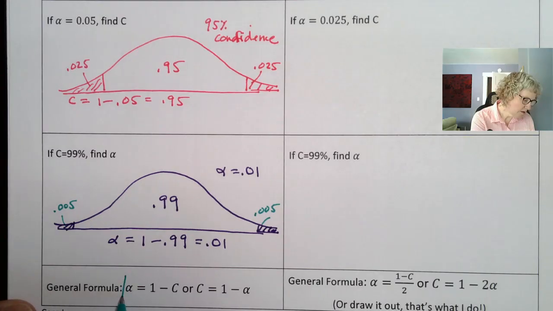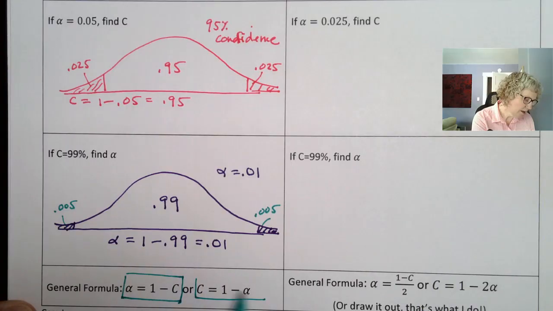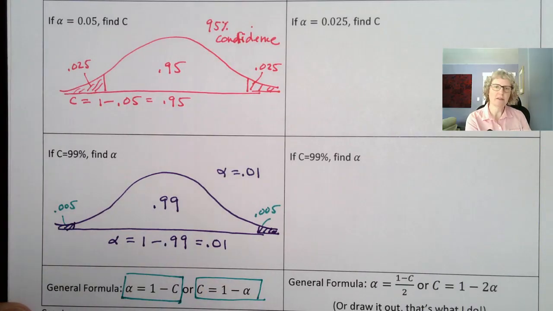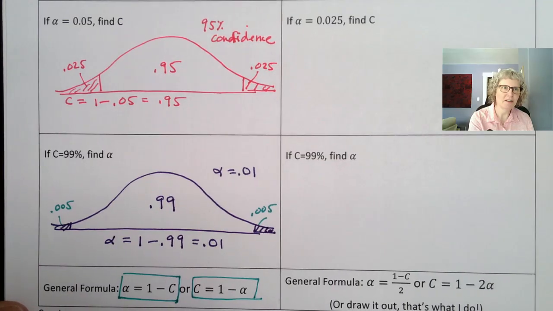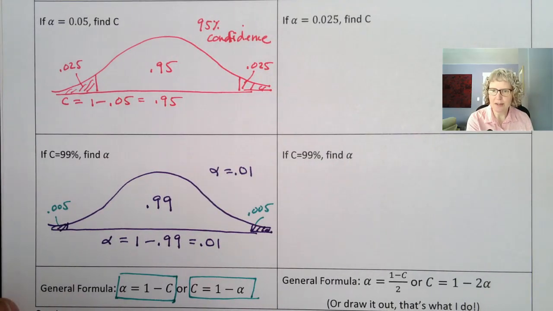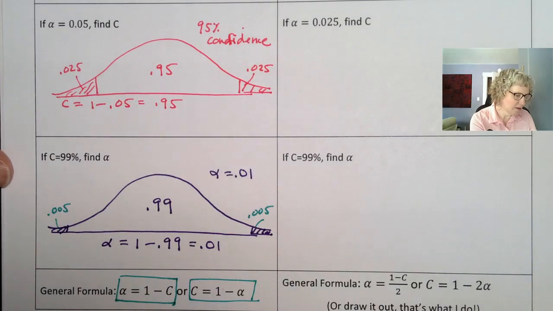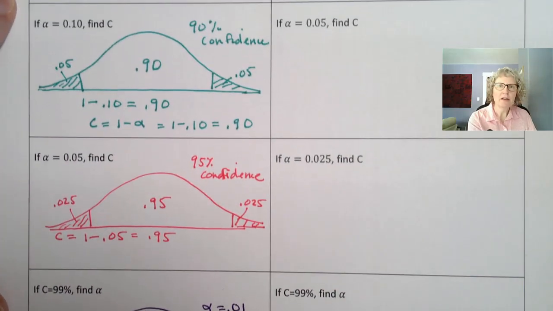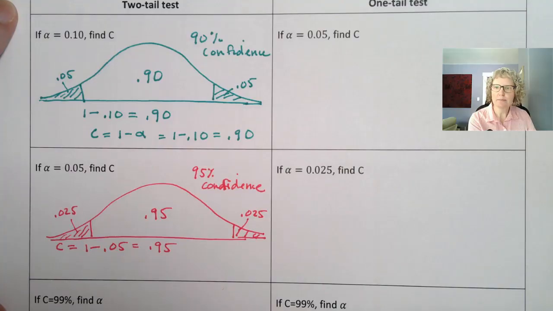So alpha is 1 minus C, or C is 1 minus alpha. Okay, it's a really nice relationship when it's a two-tail test because the two-tail and the confidence interval is two-sided. Okay, now we're cutting some things in half, so you can see that's what we're going to be doing for the one-tail test. So let me pull this back down so we can go back to the one-tail test.